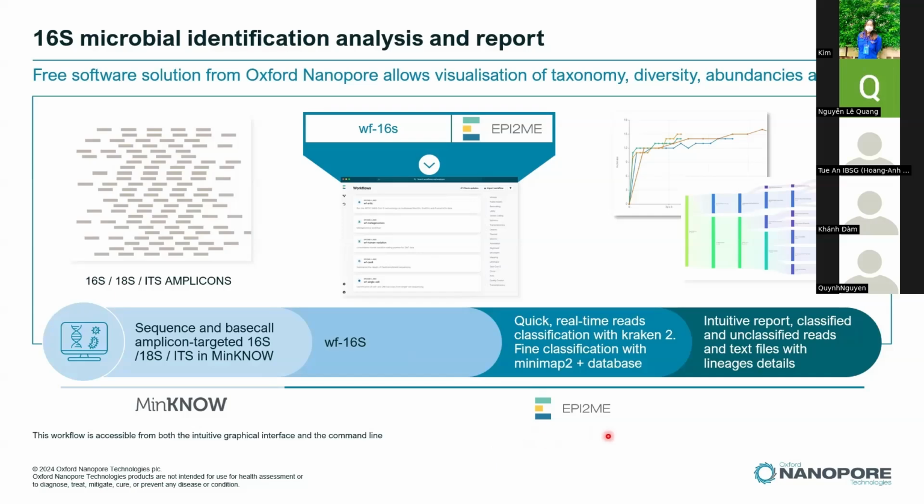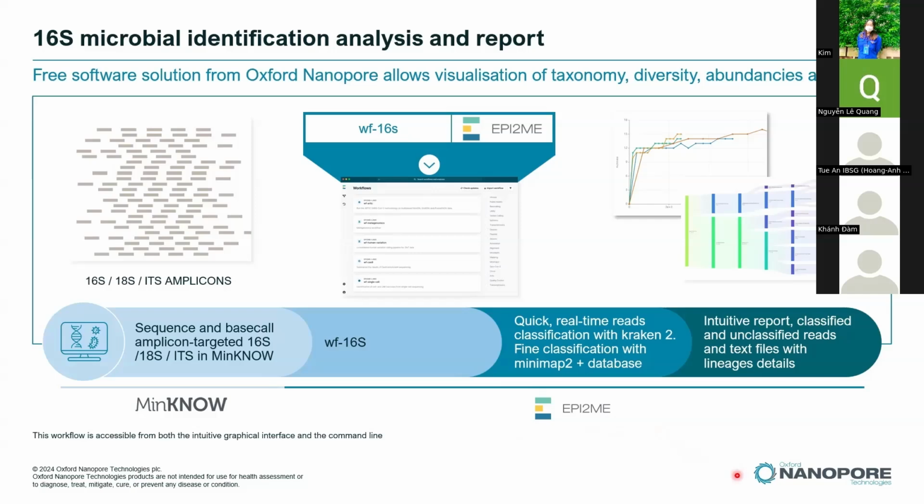With nanopore sequencing, one of the very powerful features that we have is that real-time analysis is possible. What this means is that it allows the workflow to run continuously as the sequencing data is generated, which means that you can actually visualize the classification of the reads and the abundance of species in real time, with dynamically updating reports. So you can know that, actually I already have sufficient data, I can stop the sequencing run and preserve the flow cell for the next run.